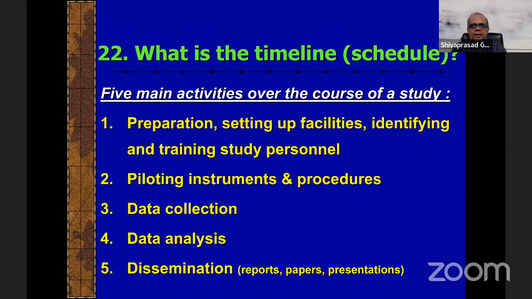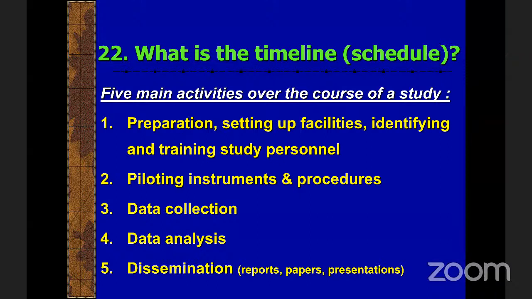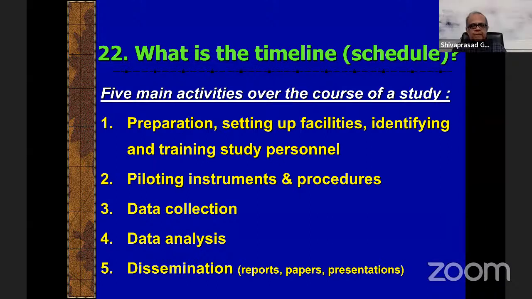So in terms of timeline, pretty much standard 5 different phases of a research study.